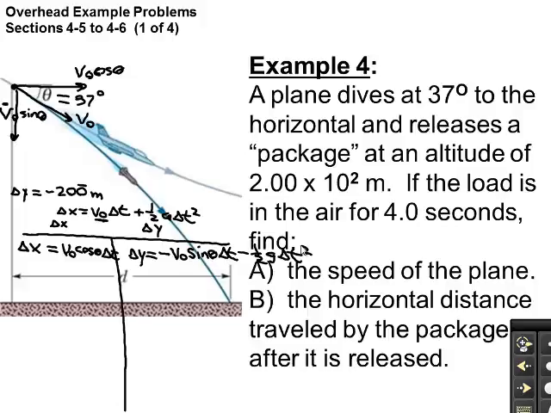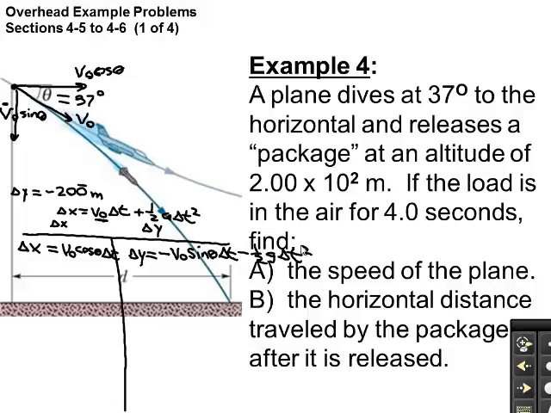All right, so this equation is very difficult to solve. This one over here, do I know delta y? Negative 200 meters. Looking for v naught, do I know theta? 37 degrees. Do I know t? 4 seconds. Do I know g? Yeah. Oh, I don't even need delta x for part A. Delta y will solve it for me.